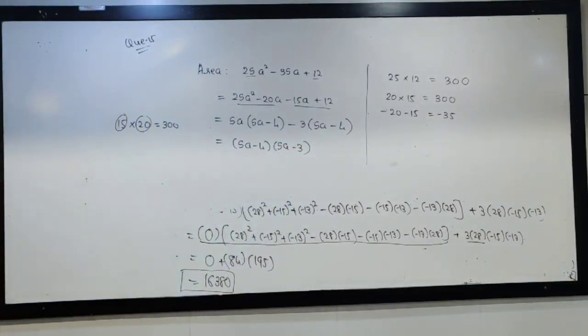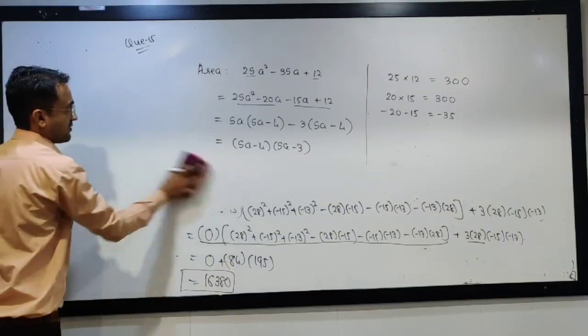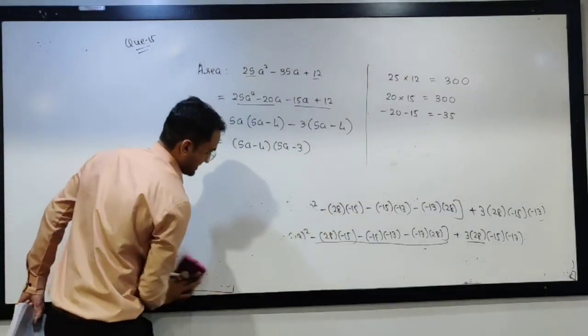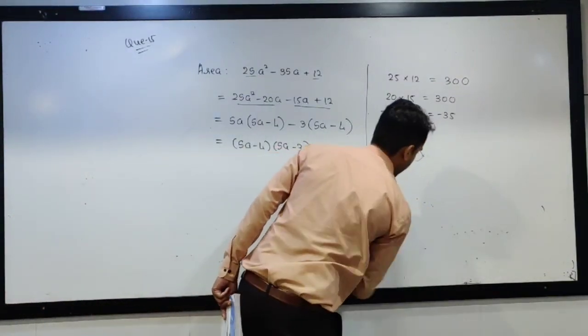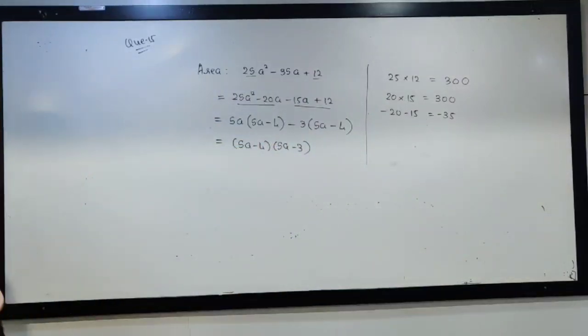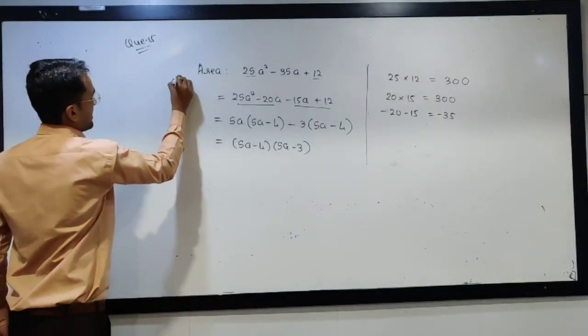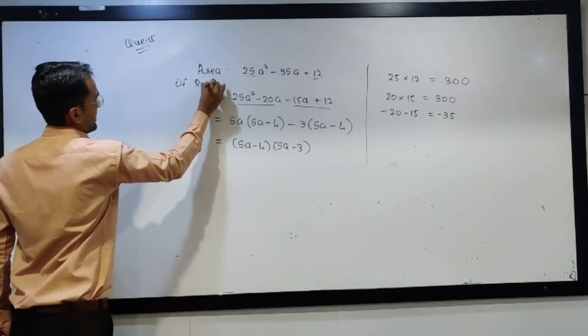So here we have to find the length and breadth. So I can write this is the area of rectangle. What is this? Area of rectangle.